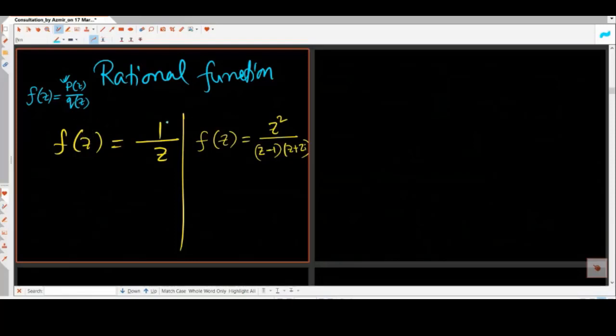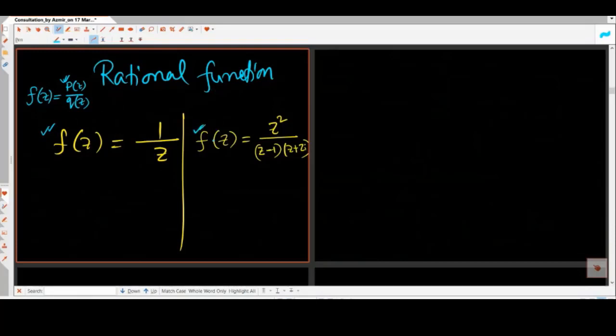So you can see here 1 is a polynomial function. Z is also a polynomial function. But whenever we have P over Q form, then that function is not a polynomial function. It is called a rational function.